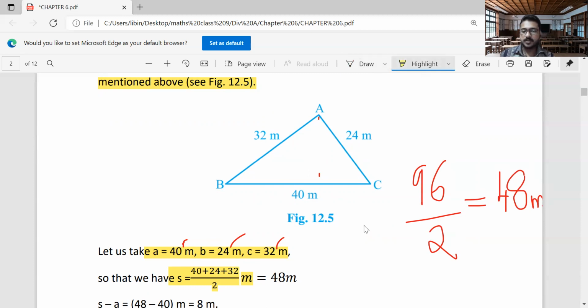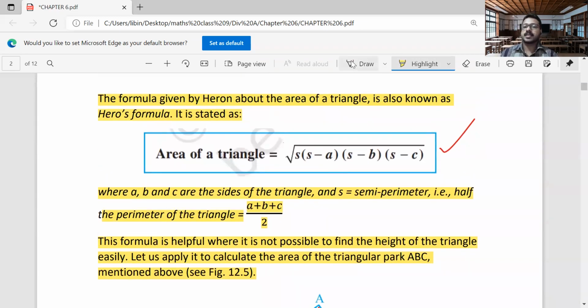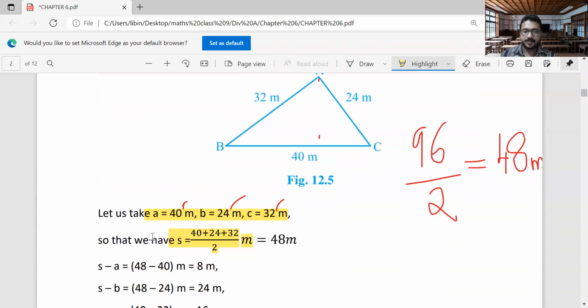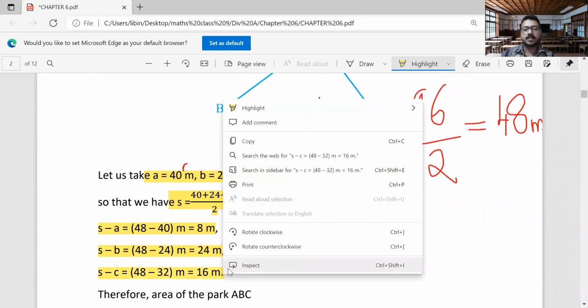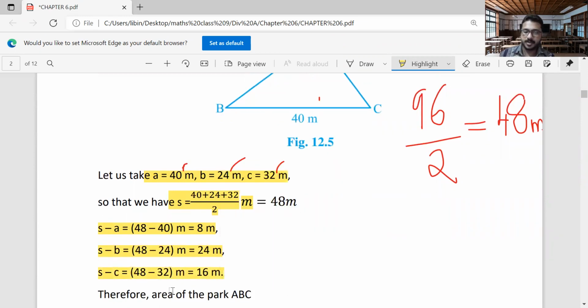So we have found the semi-perimeter. Now in Heron's formula, as you can see, s minus a is there, s minus b is there, and finally s minus c is there. So we have to find s minus a, s minus b, and s minus c. That is, s minus a is 48 minus 40, which is equal to 8, s minus b is equal to 24 meter, and s minus c is 48 minus 32, which is equal to 16 meter.